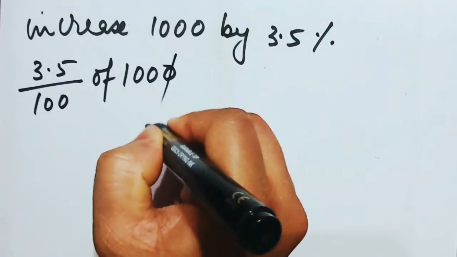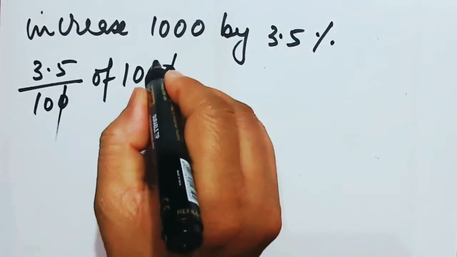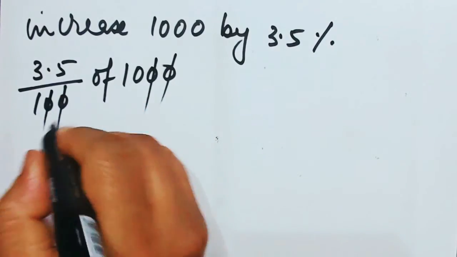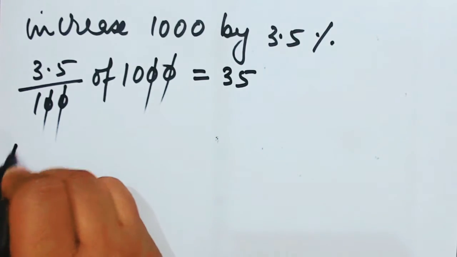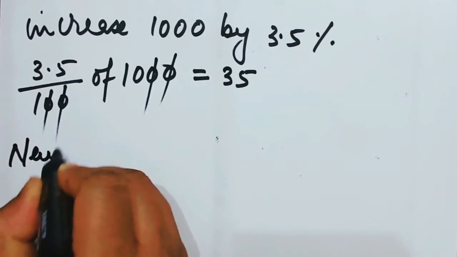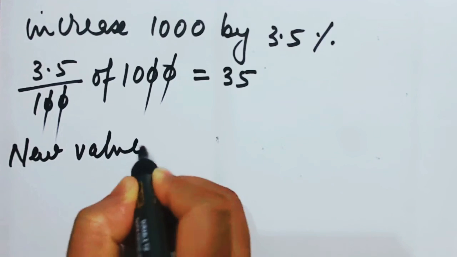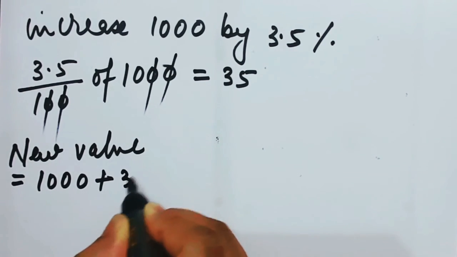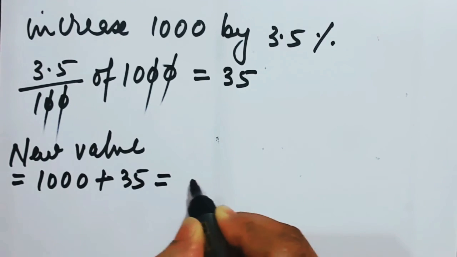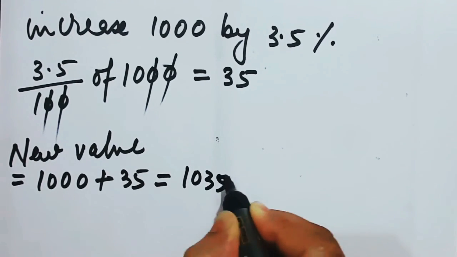So 3.5% of 1000 will give you how much? It is equal to 35. So your new value will be equal to 1000 plus 35, equals 1035.